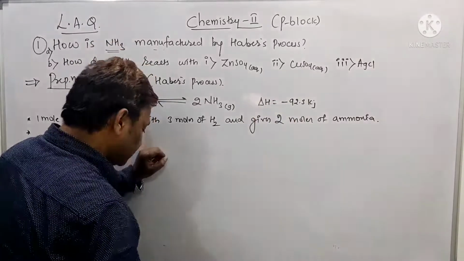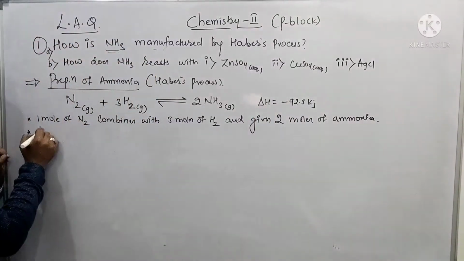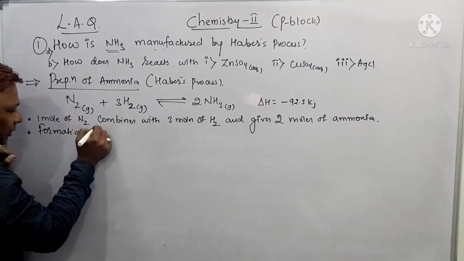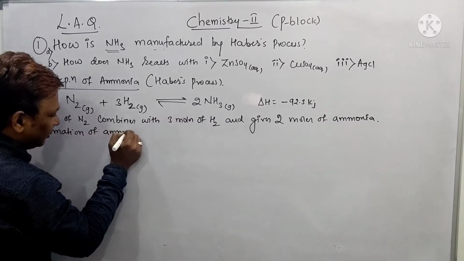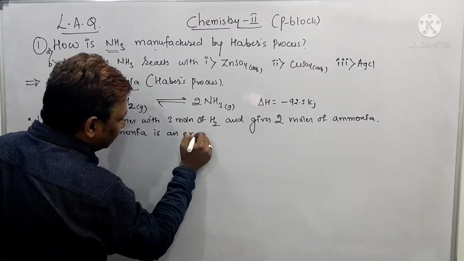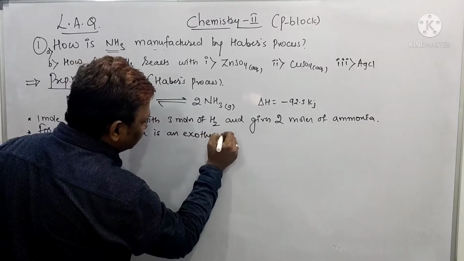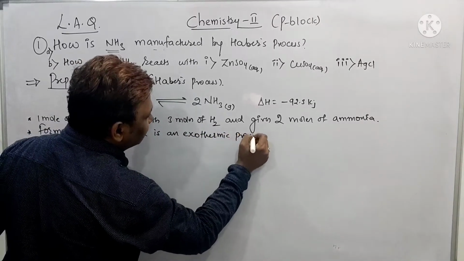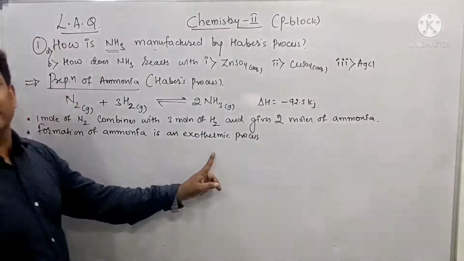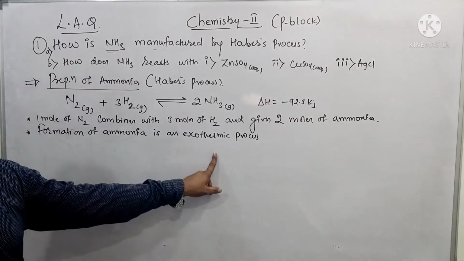Sir, it is negative, so we should write that formation of ammonia is an exothermic process, because delta H value is negative. Is it clear beta?